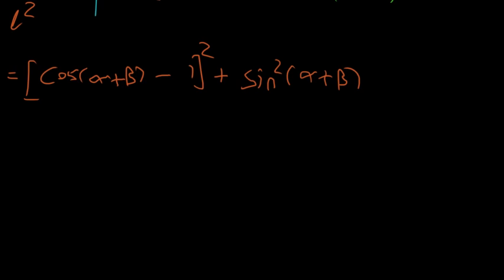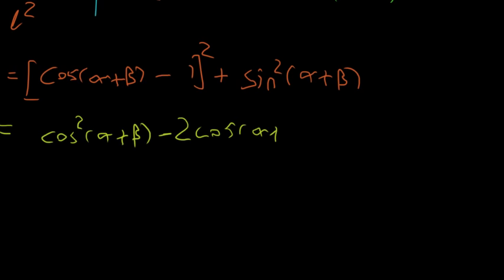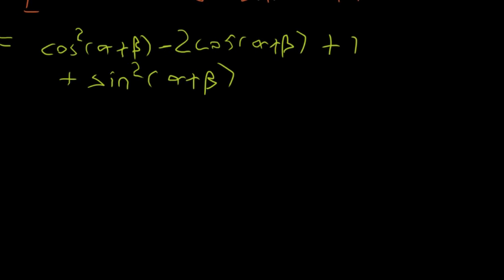Okay, now let's expand that out a bit. What I'm going to have is cos squared of alpha plus beta minus 2 cos of alpha plus beta, just expanding that squared bracket there, plus 1, and then plus sine squared. Now what do we do?